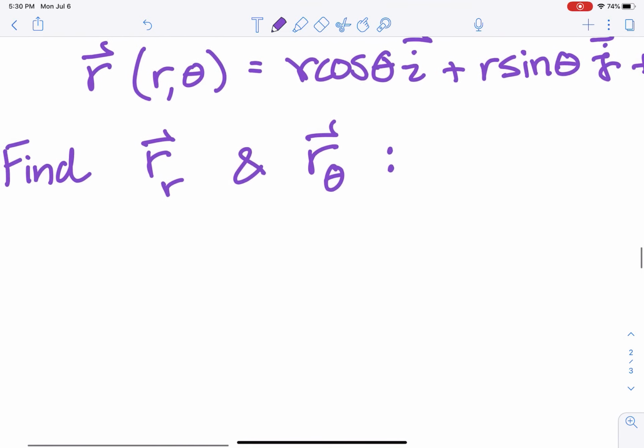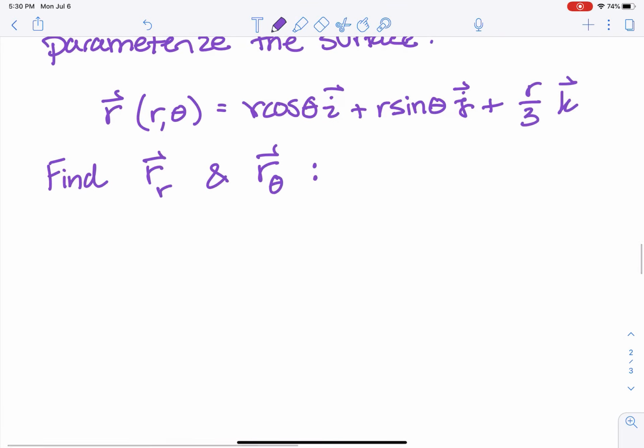So the partial derivative with respect to r, and remember, when we do the derivatives of vector valued functions like this, you just do it component by component. So it's the r partial derivative of the i component added with the r partial derivative of the j component, and so on.